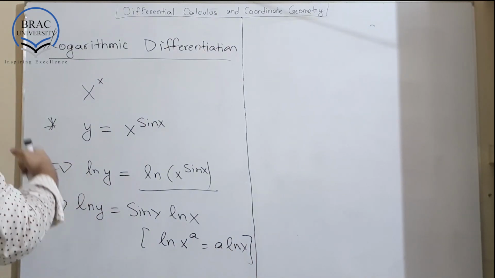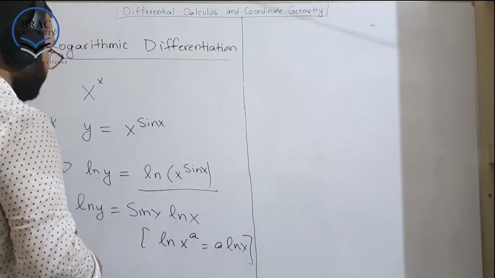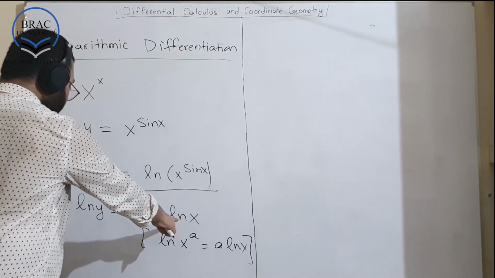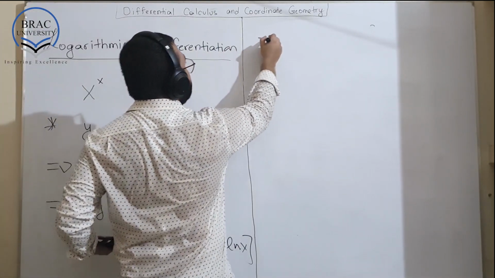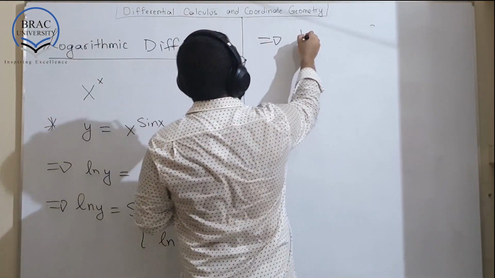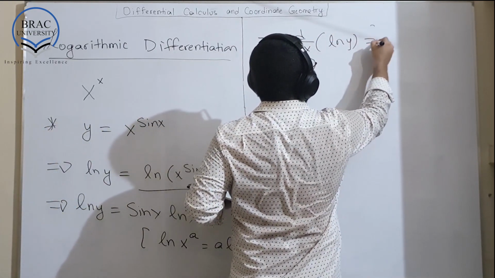It's now very easy to take the derivative of these two because we can use the product rule here and the chain rule here. How do we take the derivative of these two?